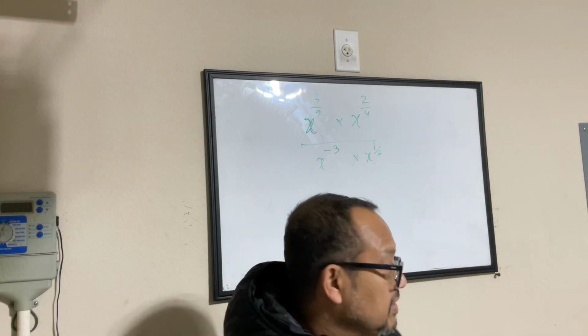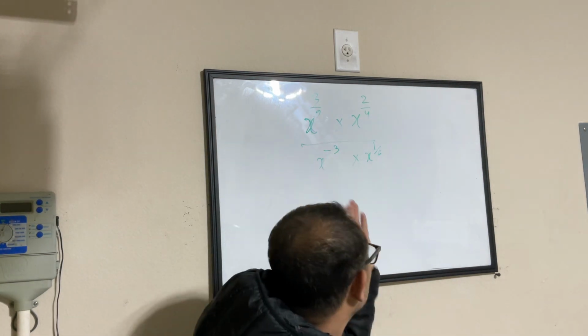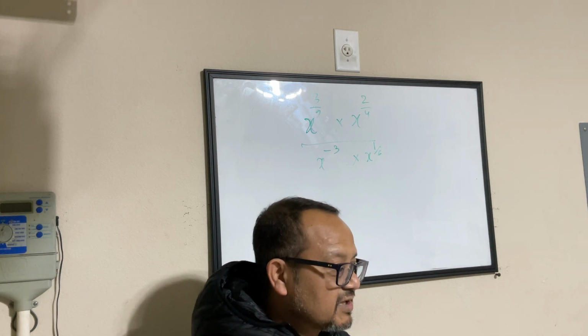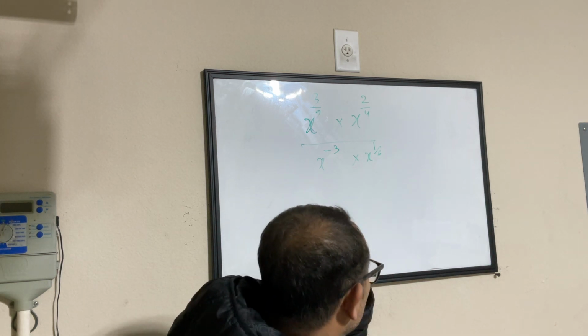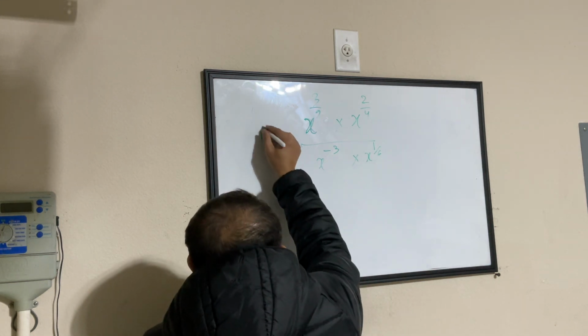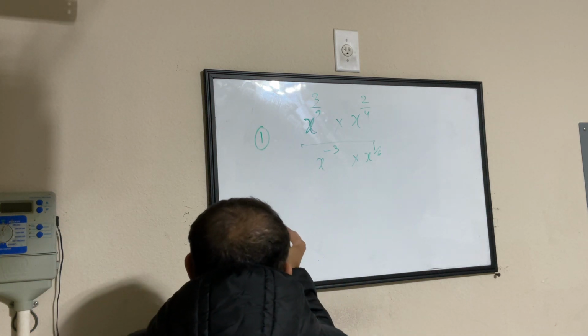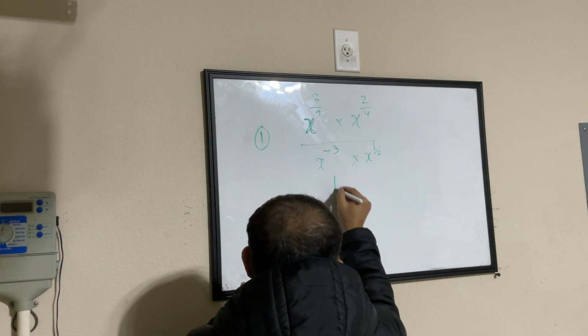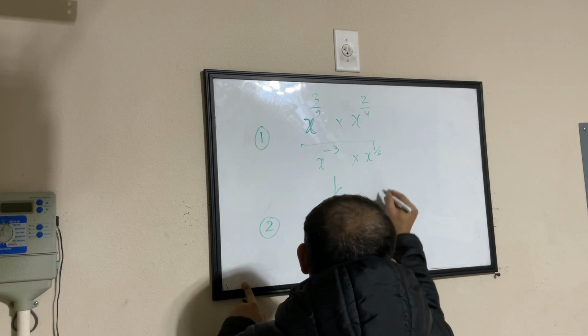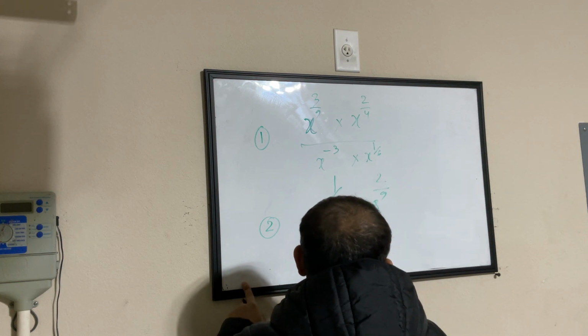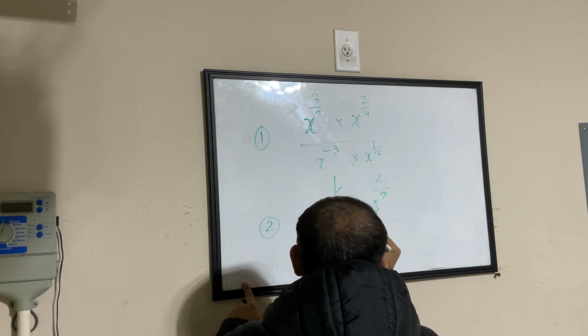So here you have exponents and some interesting facts of the exponents to deal with. So this is one problem, and the other problem that I want you guys to solve is 8 to the power 1 by 3 multiplied by 8 to the power 2 by 9 divided by 8 to the power minus 2 by 6.